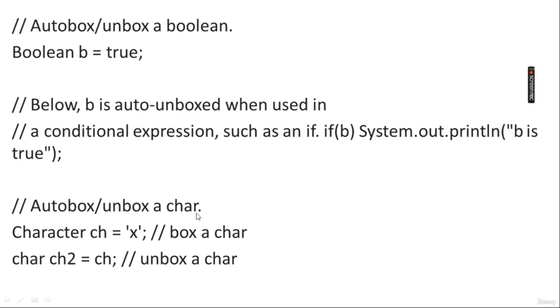Now we will see the example for autoboxing a character. Character ch is the wrapper class for character. So this 'x' will be autoboxed and stored into the Character wrapper class ch, and char ch2 is equal to ch. So in this case, the Character will be unboxed and stored into the primitive type ch2, that is char.